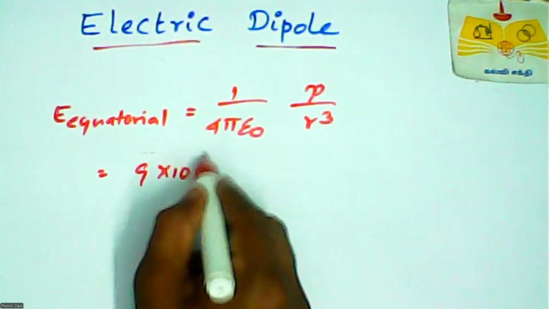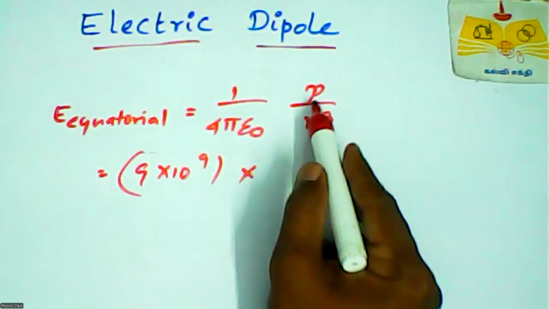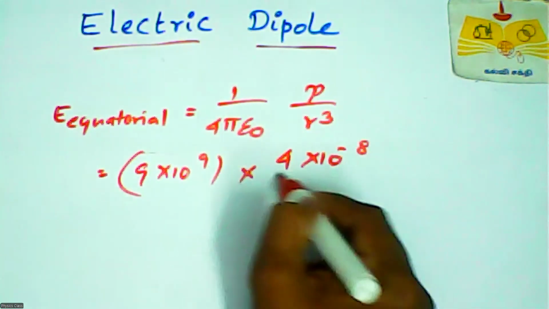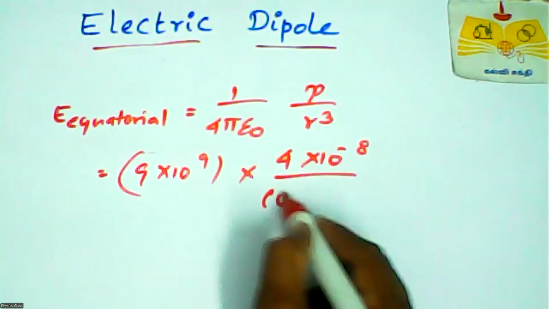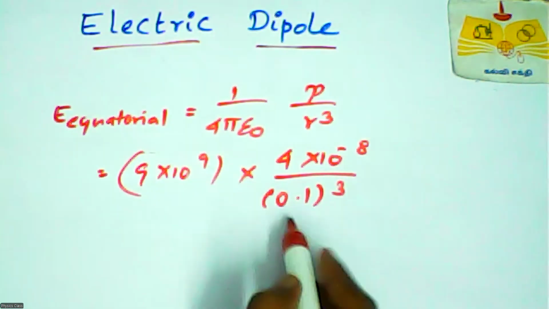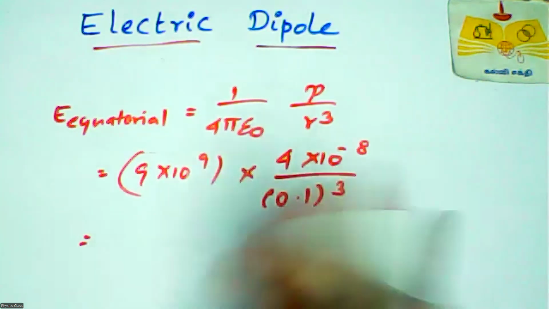We already have 9 into 10 to the power 9, into P, which is 4 into 10 power minus 8, divided by r, which is 0.1 cube. Is it correct? So we can write 0.1 cube as 1 into 10 power minus 3.